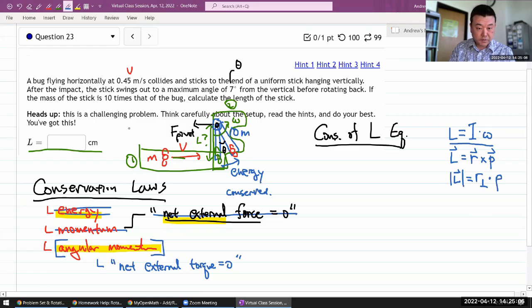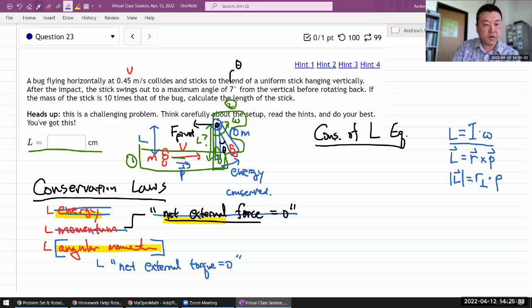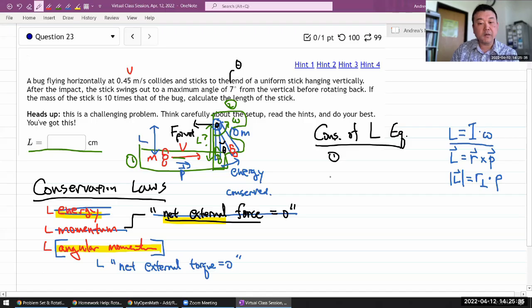As you look at this picture, my lever arm is basically going to be this distance, which is L. This direction will be the direction of my momentum, and you look at the component of the displacement vector that's perpendicular to momentum. That's my L. So all of that to write down a relatively simple expression for snapshot 1, where the total angular momentum of the system is the angular momentum of the bug.